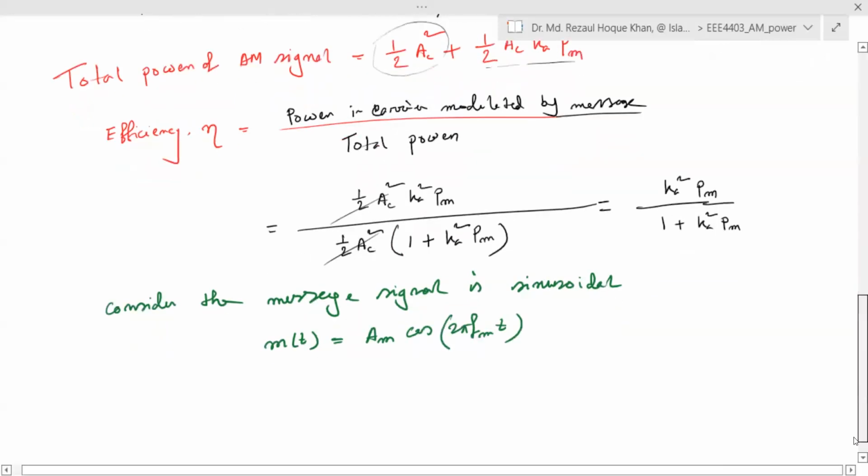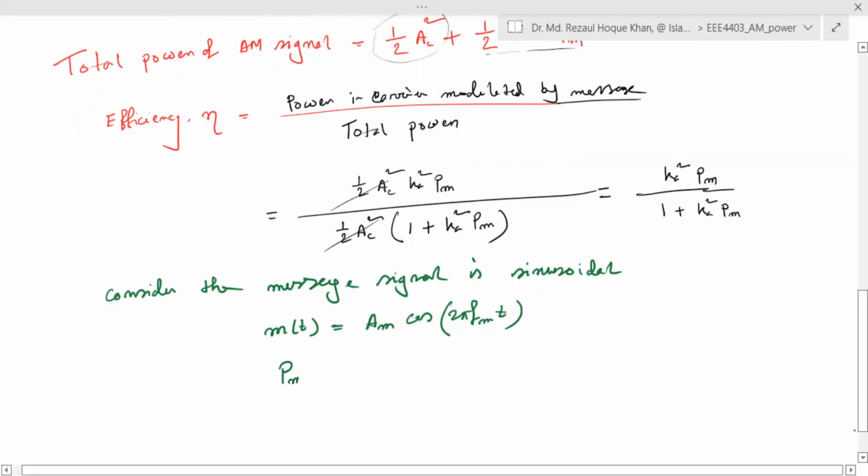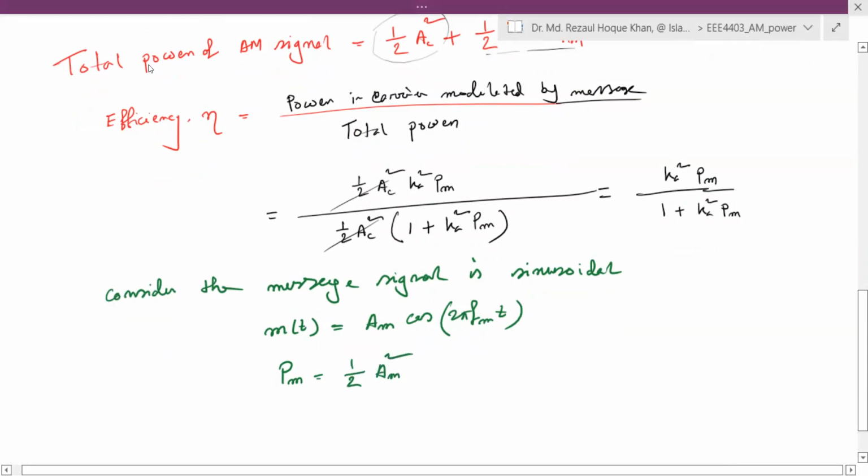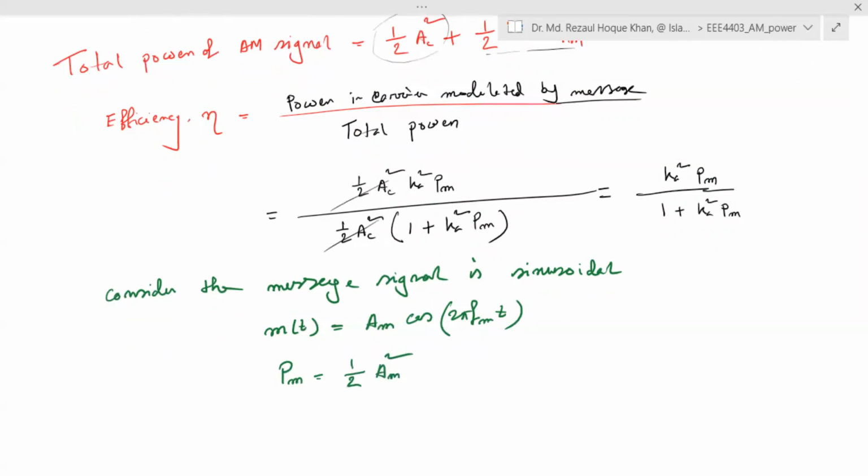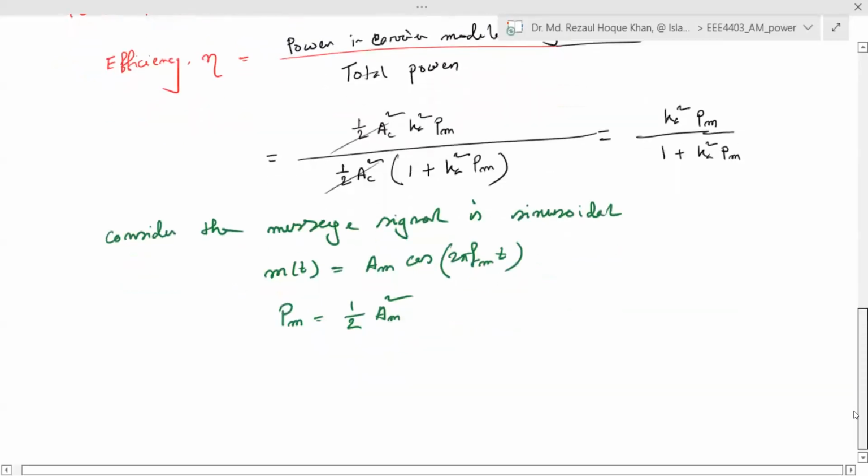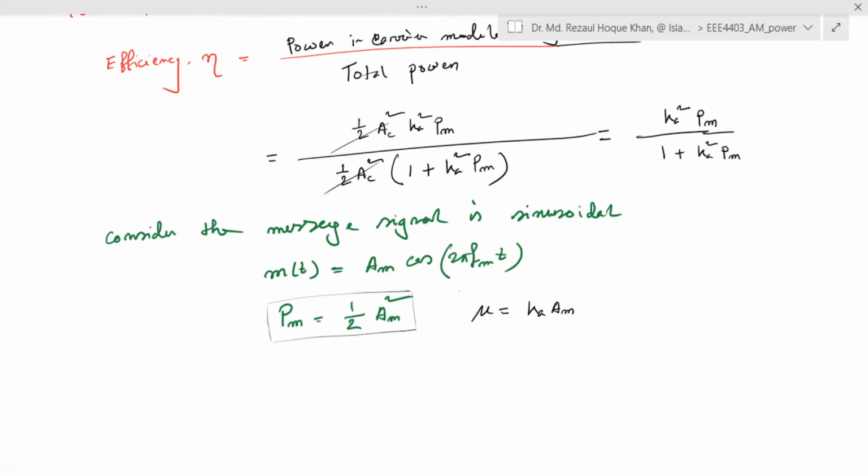So what will be the power? P_m is half of A_m squared. If this is the case, we also know the modulation index mu is nothing but k_a A_m. We found it earlier, right?